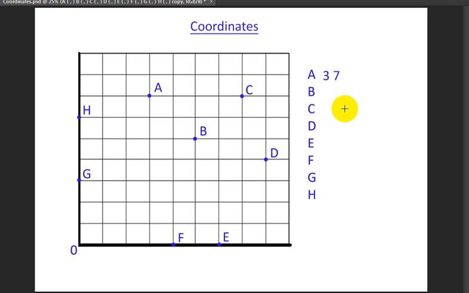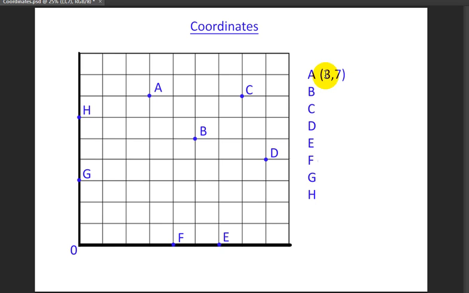There we go. Okay, so let's fix this. Again, 3 steps to the right, 7 steps up. That is point A.